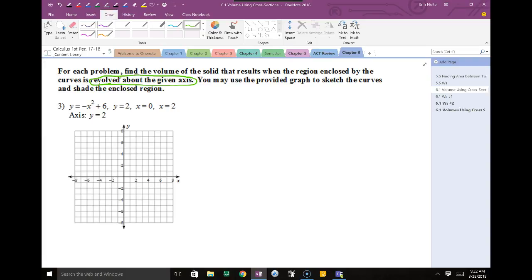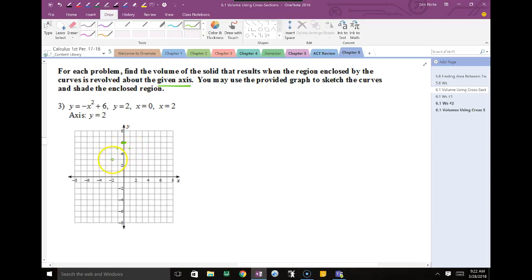Oh, yeah, sorry, the given axis. Okay, so let's go ahead and do this one and I'll show you. So what does negative x squared plus 6 look like? Upside down.